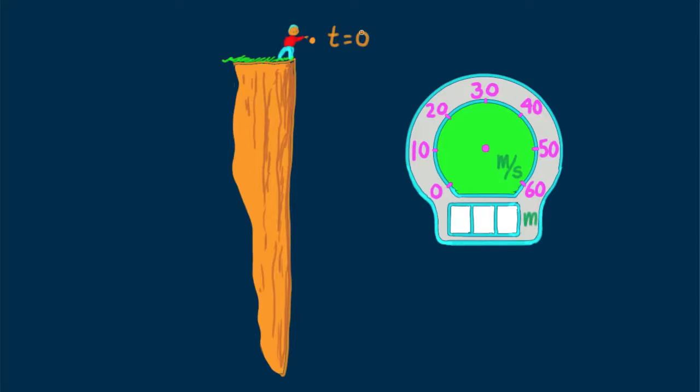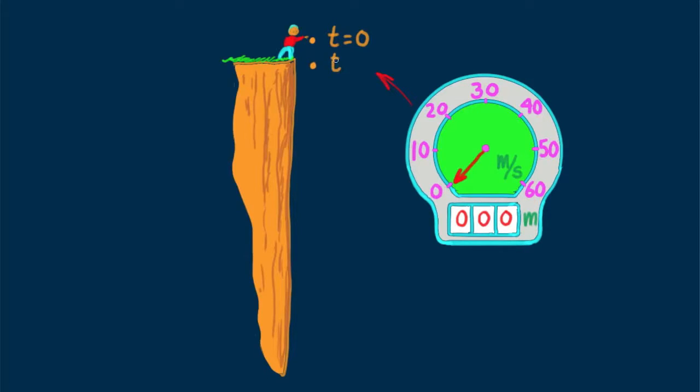We start from rest, so the speedometer reading begins at 0. This is our initial speed. Our speedometer also has an odometer that measures distance traveled. Its reading is set to 0 at the time equals 0 mark.